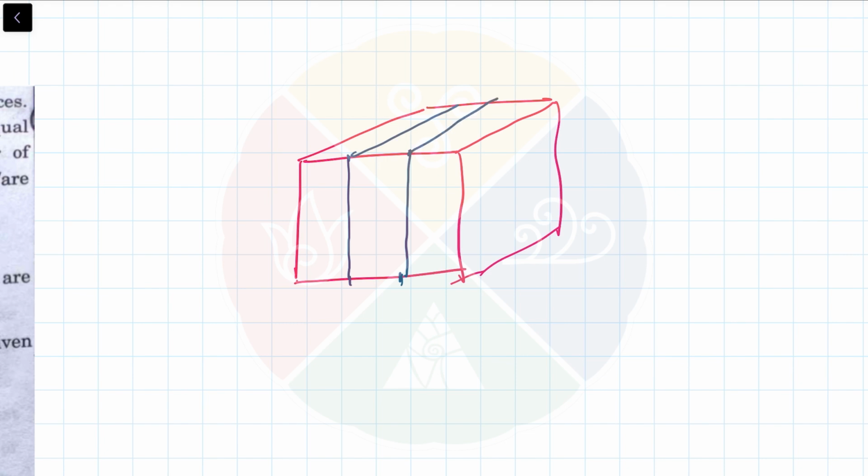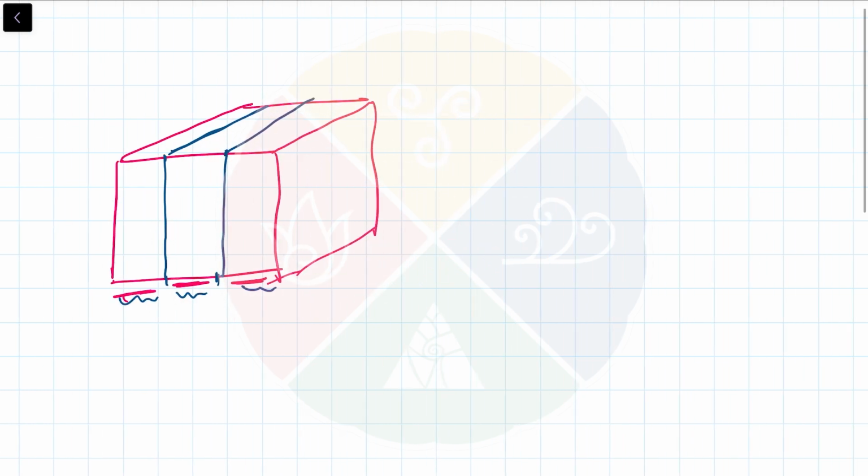Even though these smaller pieces are not cubes, this piece and this piece and this piece are equal. So basically, we can cut it in a symmetric manner. The question is only saying that if you're making 3 cuts on any side, they should be equidistant. This distance should be equal to this, should be equal to this. That's the only thing the question is saying.